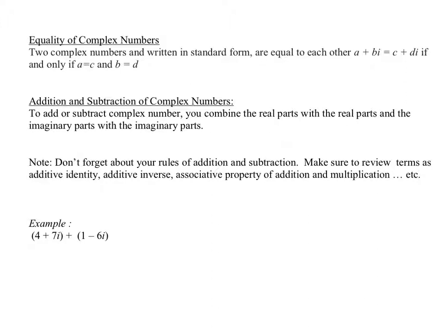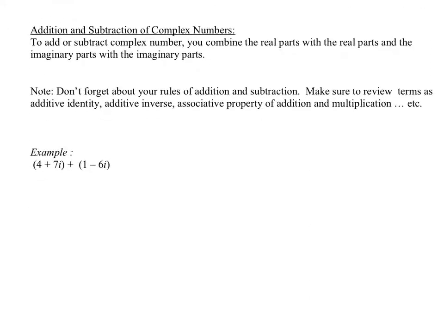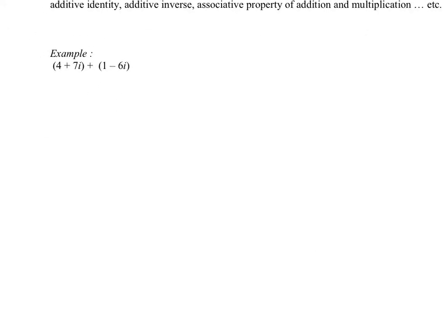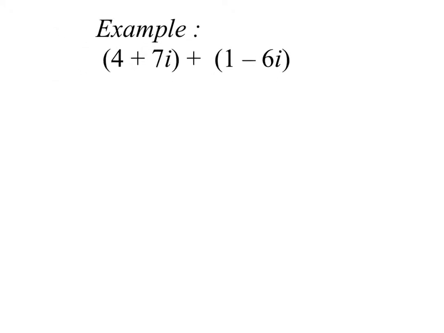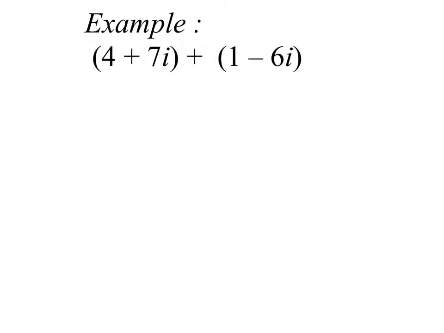Okay, here's our first example. I'm going to go ahead and move the screen up and expand it. This is our first example for addition. It's very simple. It's just like when we add anything else, you're going to add only the like terms together.